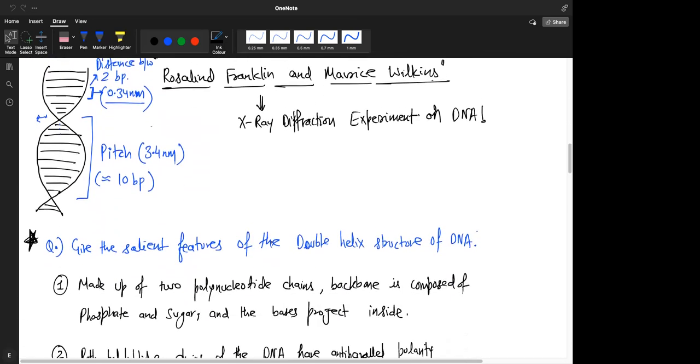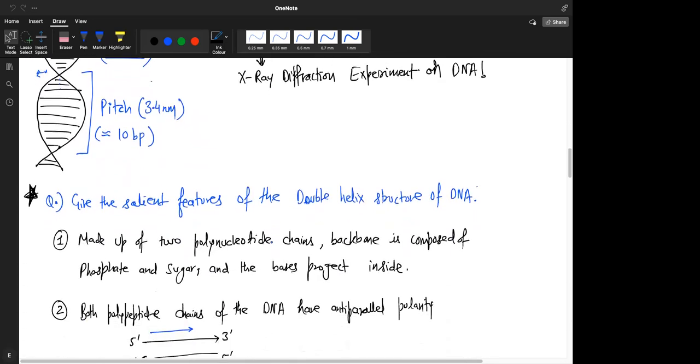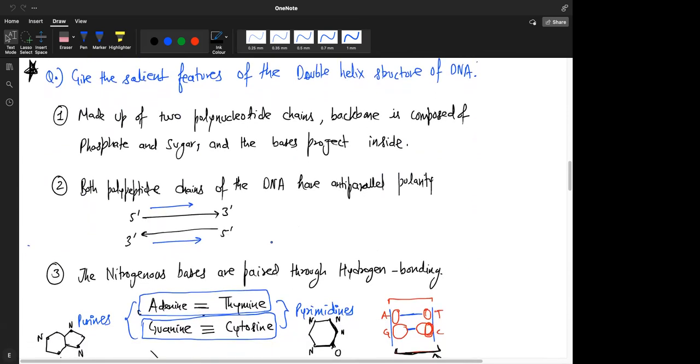Then we discussed a question: give the salient features of the double helix structure of DNA. So the first point is that it is made up of 2 polynucleotide chains. The backbone is composed of the phosphate and the sugar group, and the bases project inside. The second point is both polynucleotide chains of DNA have anti-parallel polarity, that is 5' to 3' and 3' to 5'.